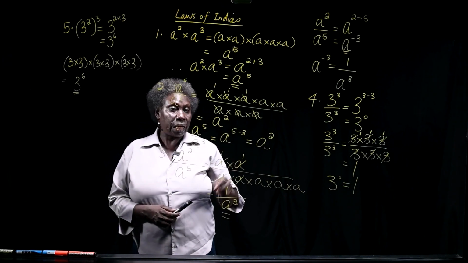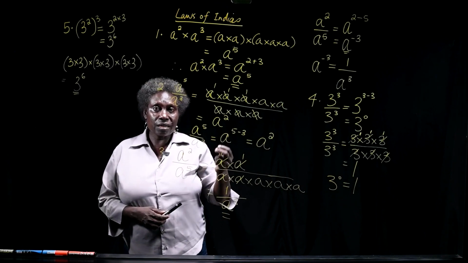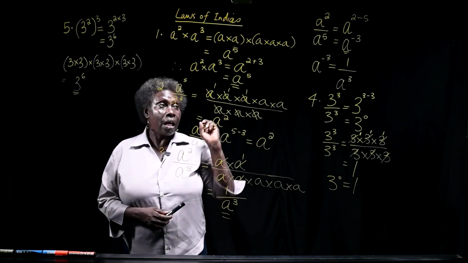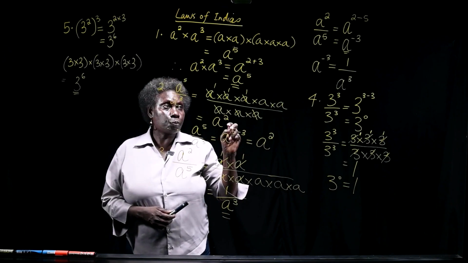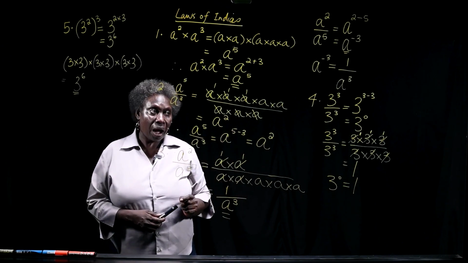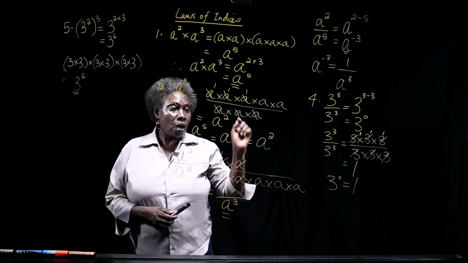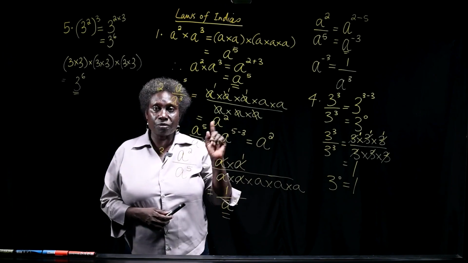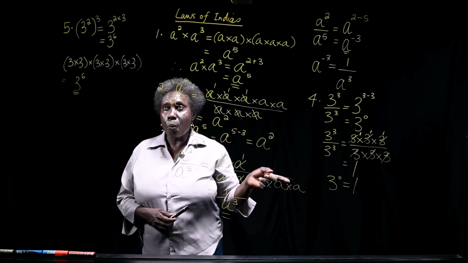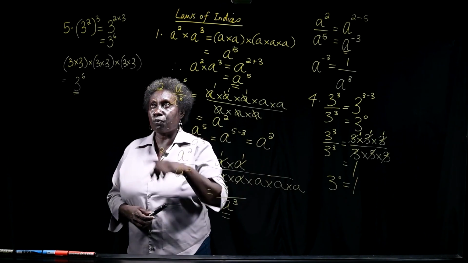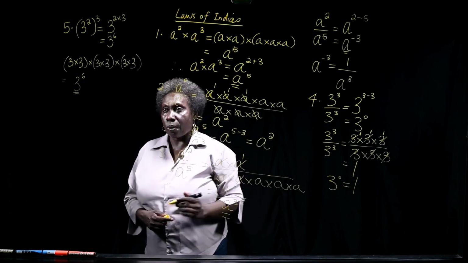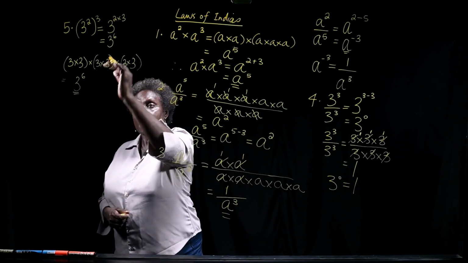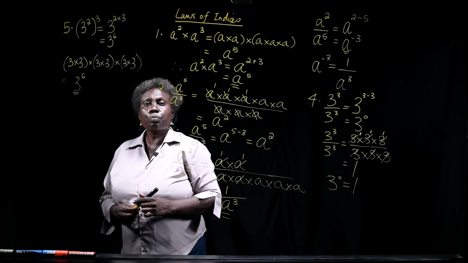Rule number 3, if an index is raised to a negative power, that is equal to the reciprocal of that expression raised to its positive power. Rule number 4, any number raised to the power of 0 is always equal to 1. And the final rule, to find powers of a power, we always multiply the powers. That is if you have numbers which are raised to positive powers.